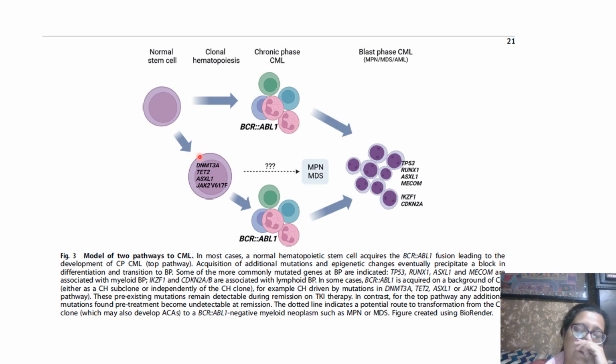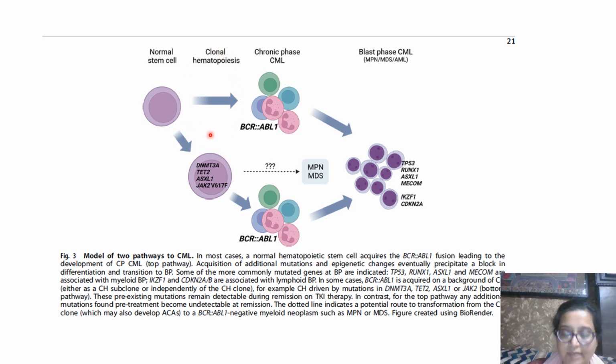As per the current WHO as well as the ELN, there are two pathways by which you can develop CML. Initially, the only pathway that we knew was that there is a stem cell, it undergoes a mutation, the mutation is BCR-ABL1, and you develop CML, and if there is progression of the disease, you develop blast crisis. Now the WHO and the ELN say that it is a first hit clonal proliferation where you get a BCR-ABL, which causes a chronic phase CML.